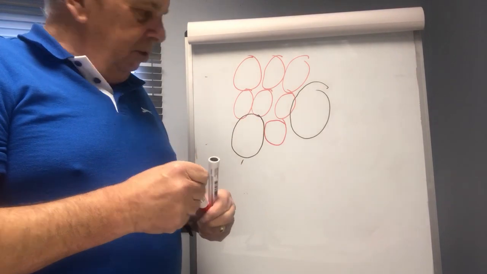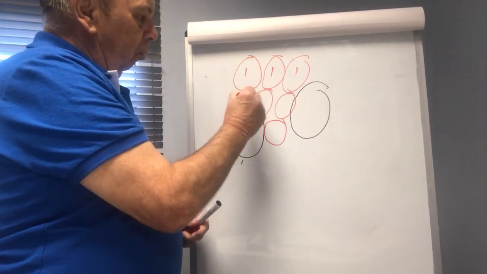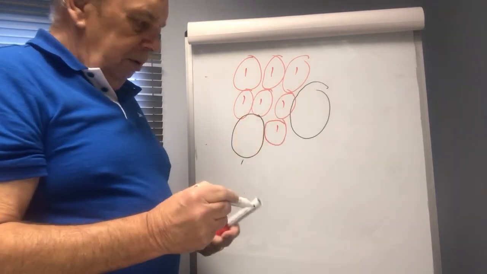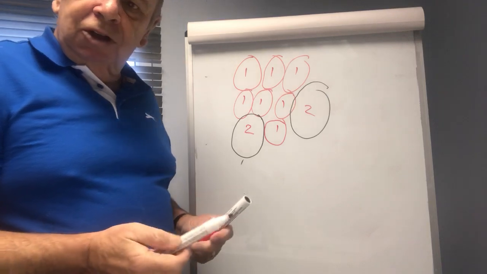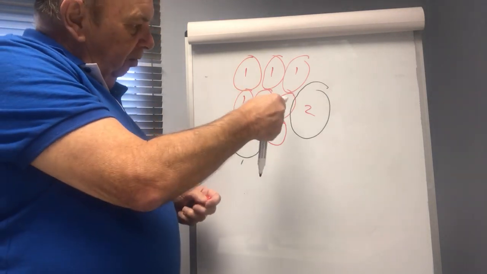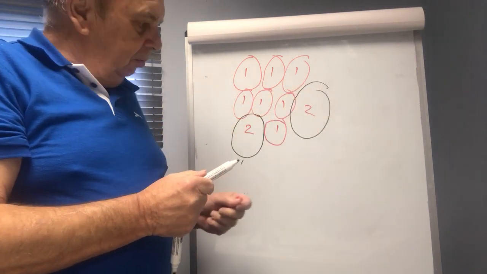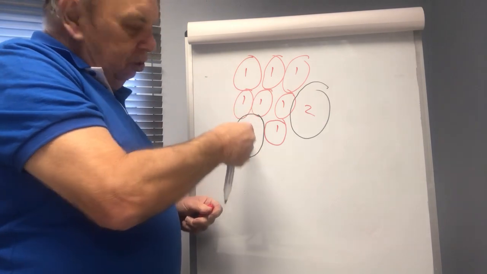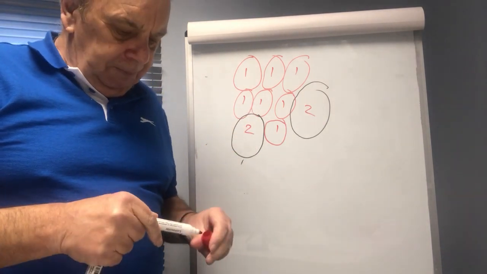So what I've got is metal one, metal one, metal one, and metal two. If I then try to subject it to force, I find that movement that way is stopped, and movement that way is stopped. Let's not say stopped, it's reduced.